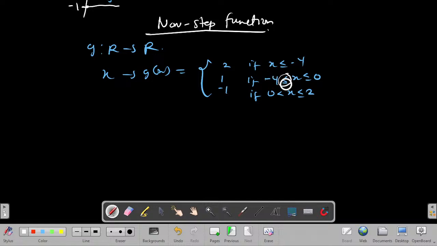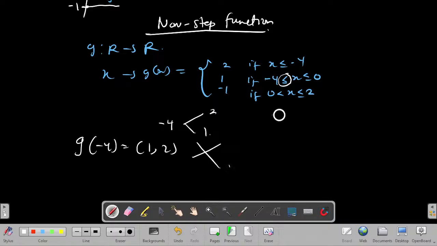You came here again and you are telling me that when x is greater than or equal to negative 4, therefore that is the difference here. Meaning that negative 4 is being assigned 2 and 1, which disobeys the concept of a function. A function does not give two outputs. Therefore, they are saying g of negative 4 is equal to 1, which is invalid. Therefore, this is not a function.